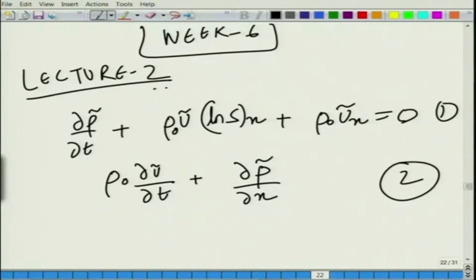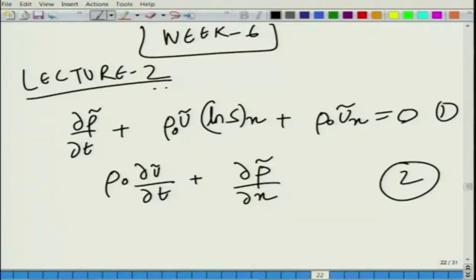Note that equation 1 that I have written here is a bit different from what was written in the last class, because obviously there was a term like rho times u. Linearization was not done until that stage, and it is only here that we assume rho is equal to rho naught plus rho tilde, and u is equal to capital U naught plus u tilde, but U naught is 0. So, u becomes simply u tilde.